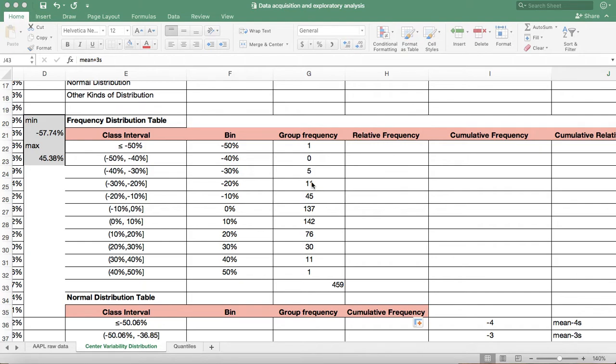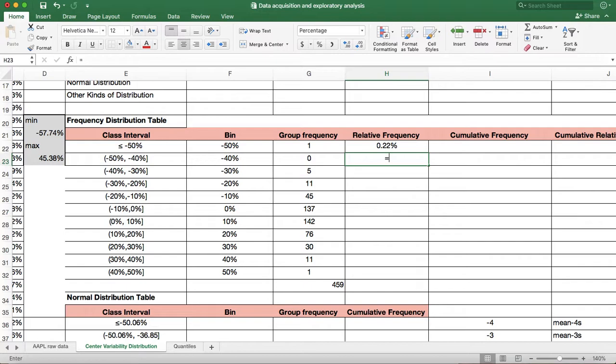Let's calculate relative frequency. Relative frequency is just expressing the frequency as a fraction or percentage. Choose 1 over, I just type the whole data point, 459, return.